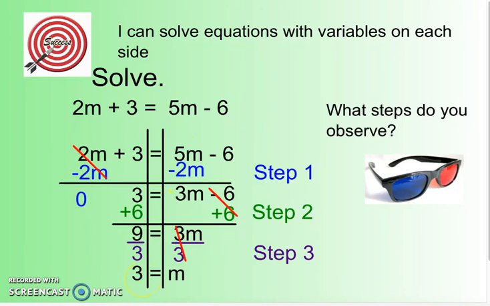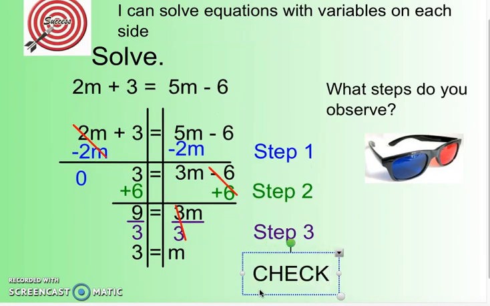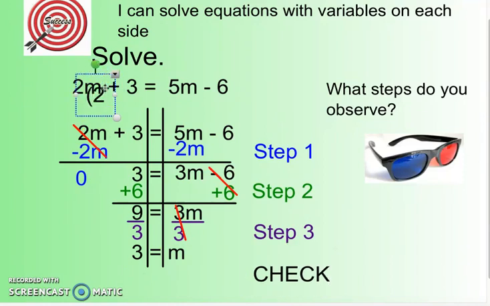Now, our last step, because there's always a last step, is to always check. We need to do a check. We need to make sure that this 3 works. So if I put the 3 in here for the m, oops, I meant to type 3.